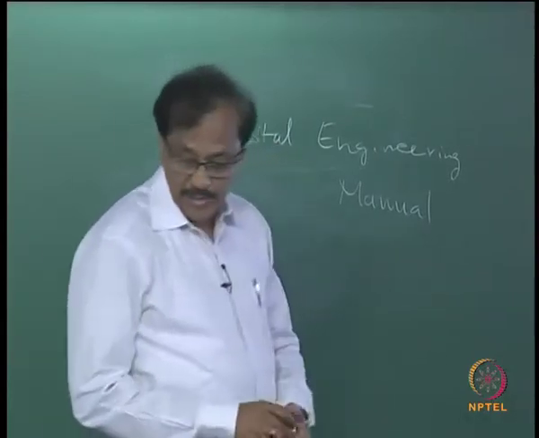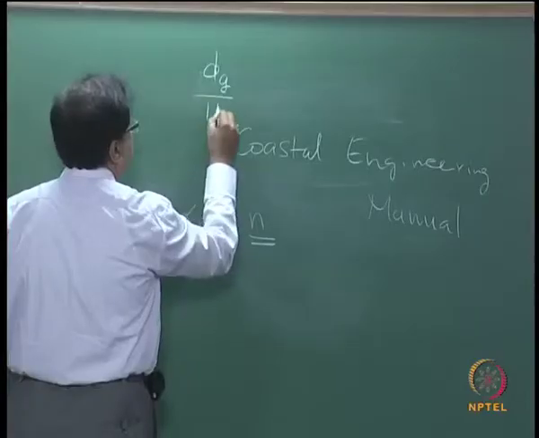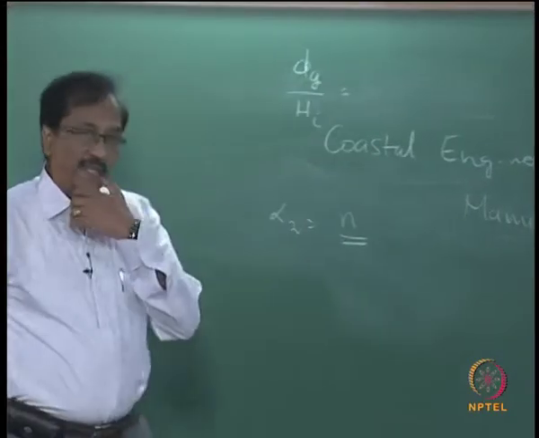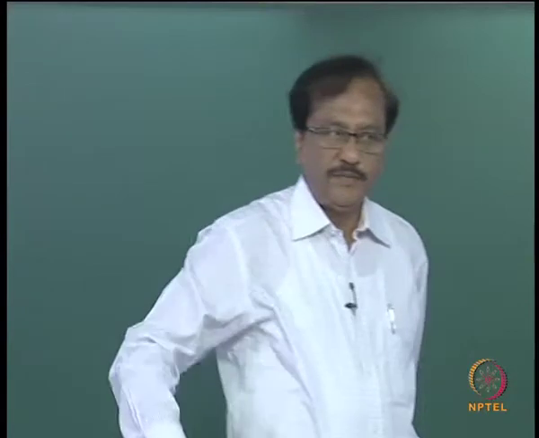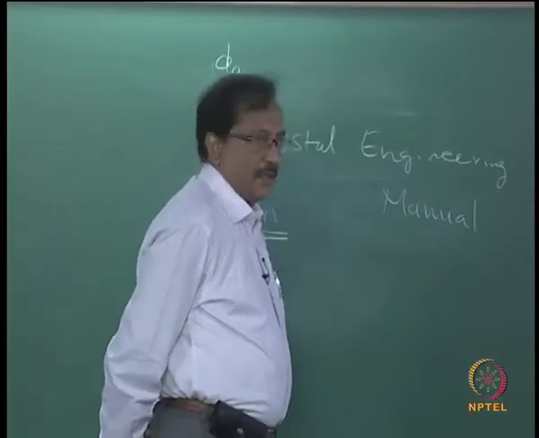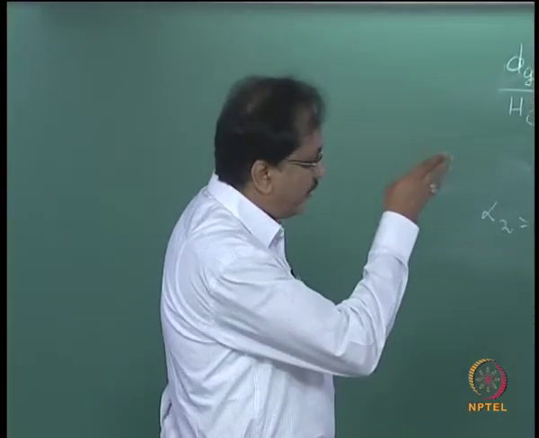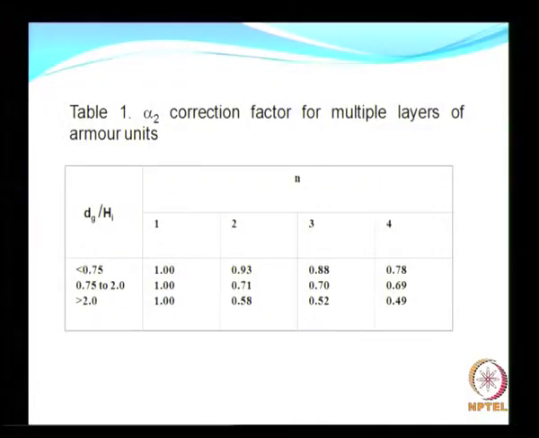That is what you have on the horizontal axis, 1, 2, 3, and on the y axis you have another parameter which is dg by hi. dg is the size of the stone which you are going to use for laying the primary layer, and hi, as you know, is the incident wave height. So this correction factor alpha 2 is going to vary as a function of the number of layers and dg by hi.